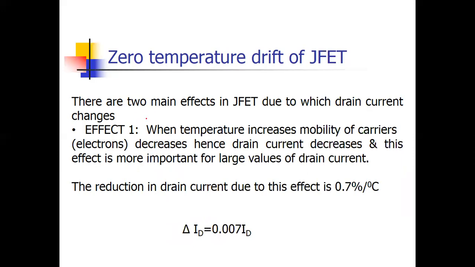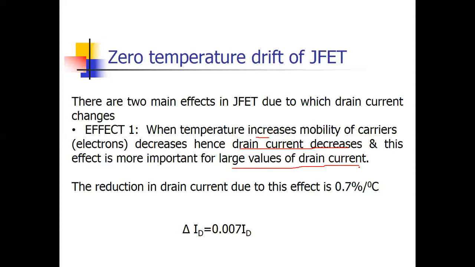So basically there are two effects in the JFET. Effect number 1, when temperature increases, mobility of carriers decreases. If mobility decreases, ultimately drain current decreases. And this effect is more important for large values of drain current.